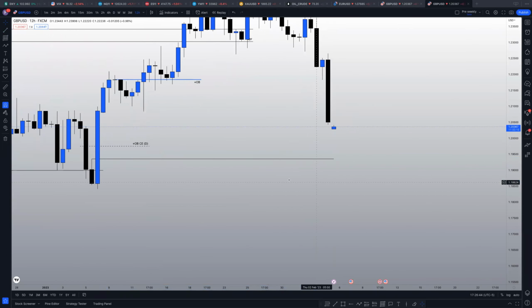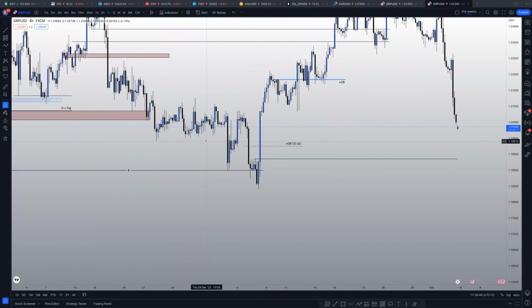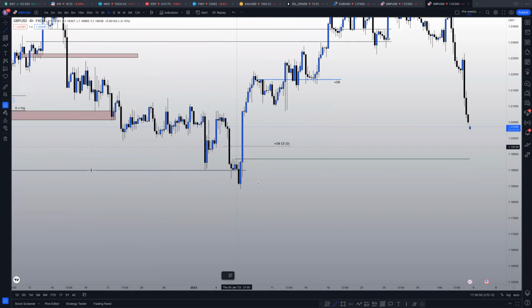Look at this. So like I said, I come from the belief that stop runs hold the least amount of liquidity, so I'm looking for failure swings. That's why I dropped all the way down to the 4 hour for this level rather than using this wick.